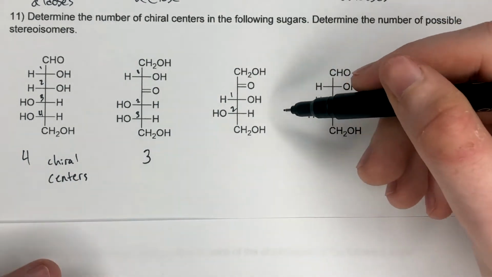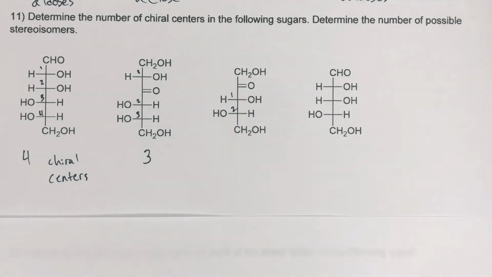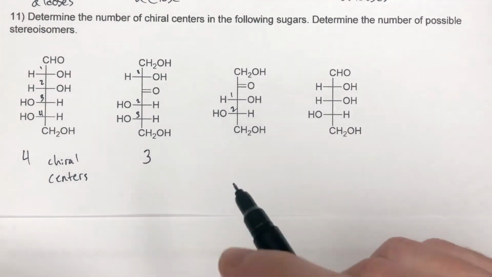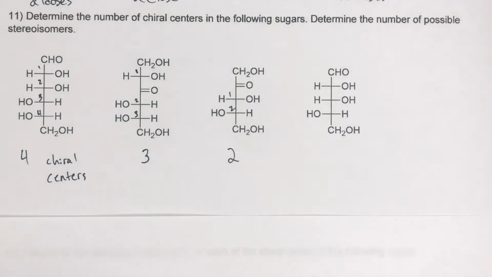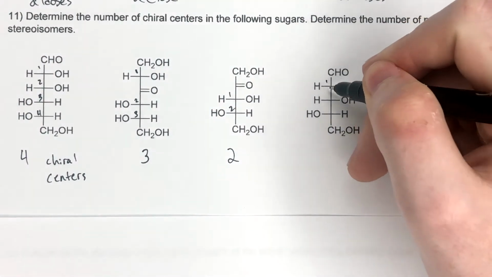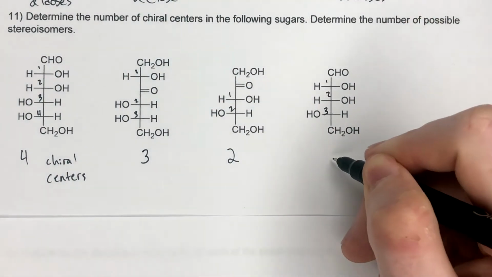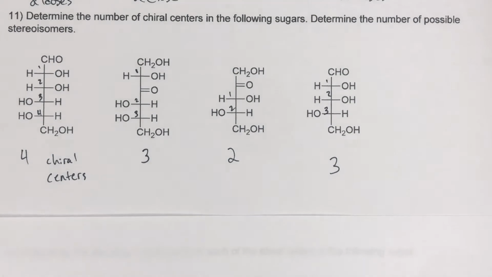Again, the termini have 2 hydrogens at both of those carbons. So you don't count those. Those are not chiral. And then the ketone is also not chiral, so only those 2 positions there have 4 different groups. And then this last pentose has 3 for kind of similar reasons as the first one.